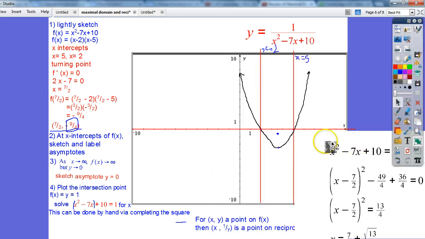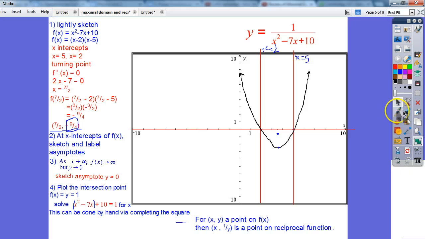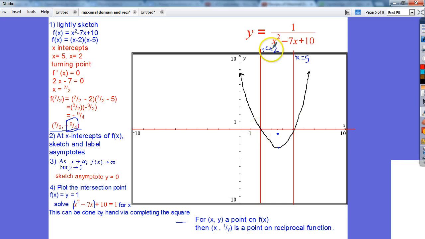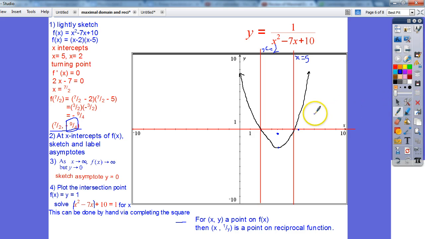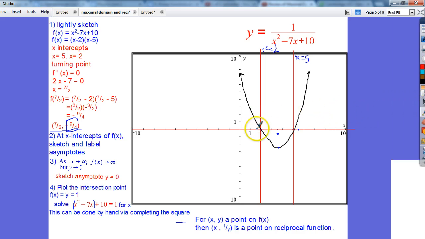So I'm going to approximately put these points on our graph. So 1, 2, 3, 4, 5, and a little bit. So that there, and 5.3 and 1.7, about there.